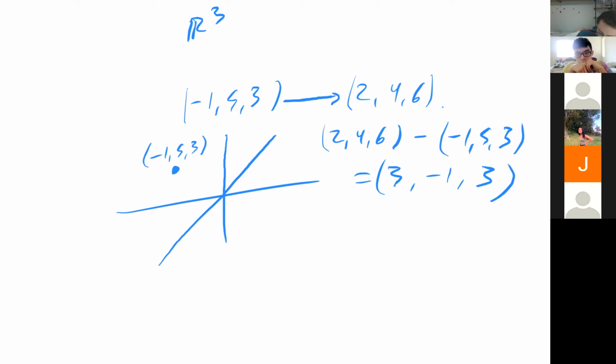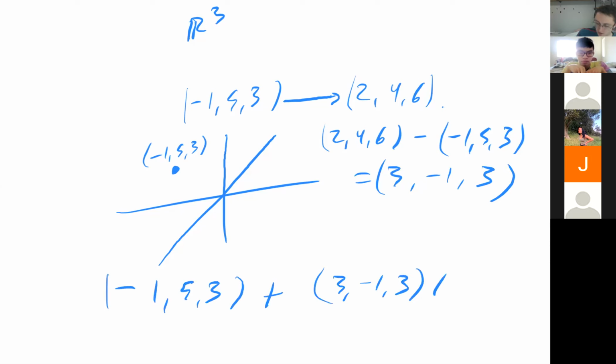Now we can take the point -1, 5, 3, and we can add to it 3, -1, 3 times t. The logic being that if we start at -1, 5, 3, and then we start traveling as time goes above 0 in the direction towards 2, 4, 6, then we're going to reach 2, 4, 6.